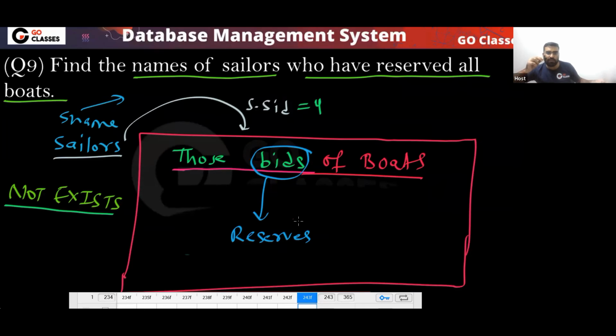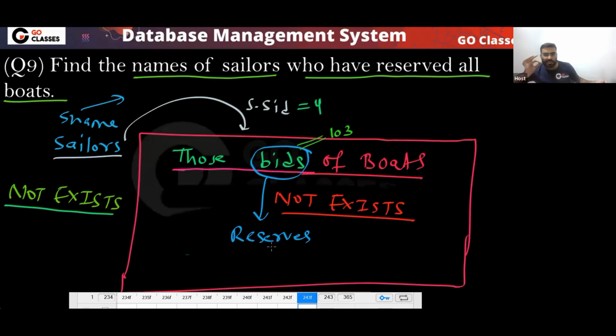And what I am looking for, see, those BIDs for which this row does not exist. Let's assume this BID you are taking, let's assume 103, one by one we are sending it.